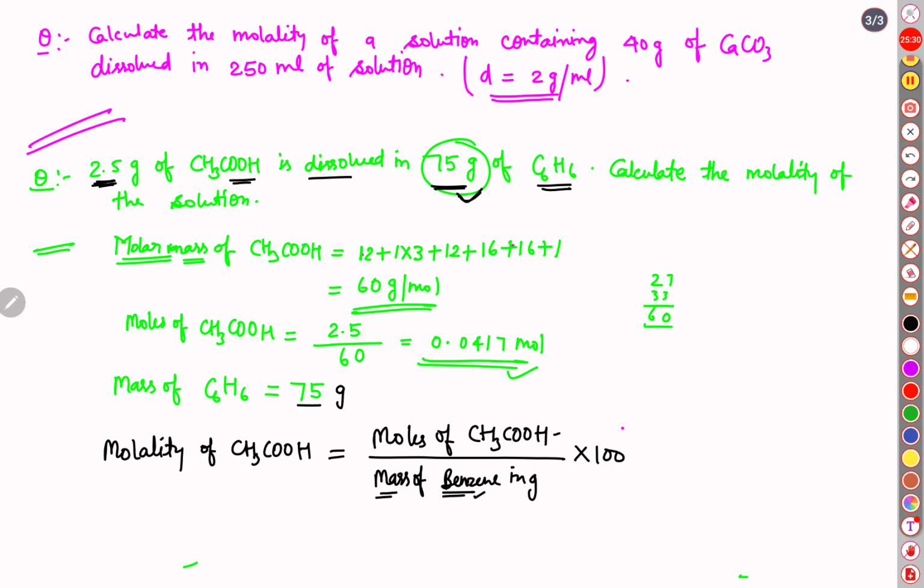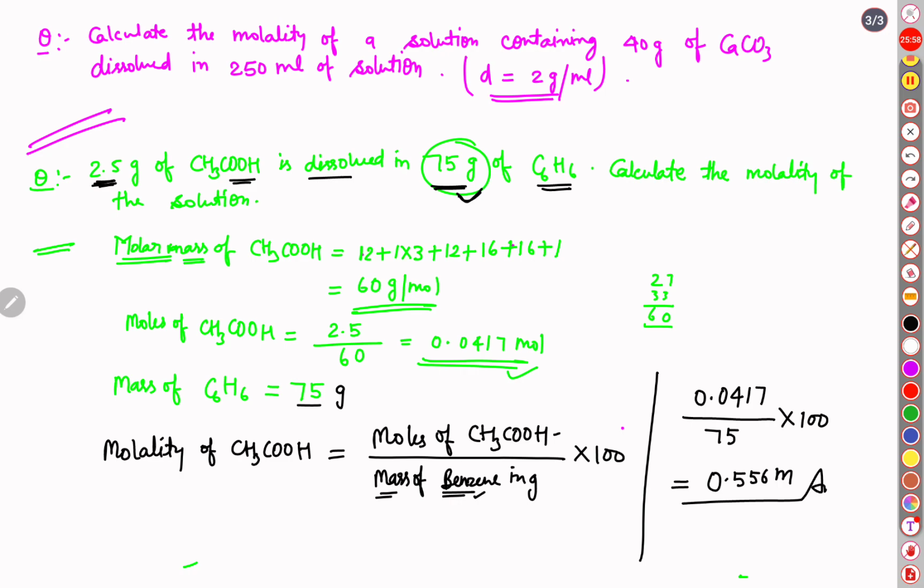Now only we have to write the value. What value is given? 0.0417 is the moles of CH3COOH, and 75 is the value of benzene, into 1000. And if we solve this one, then we will get 0.556 molal. This is the answer.